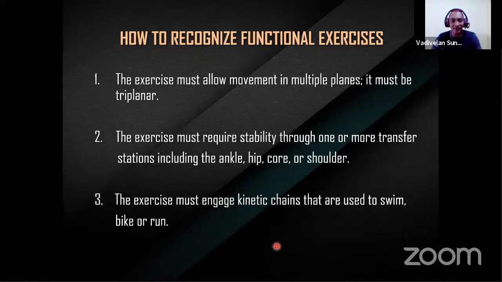And the third one is that the exercise must engage a kinetic chain that is used in the sport, to swim or whatever is involved in the sport. This is the main point, a very major point. As I said before, functional exercises mean that the exercise should engage the kinetic chain. Whatever kinetic chain the athlete uses in sports should be used in the training model.